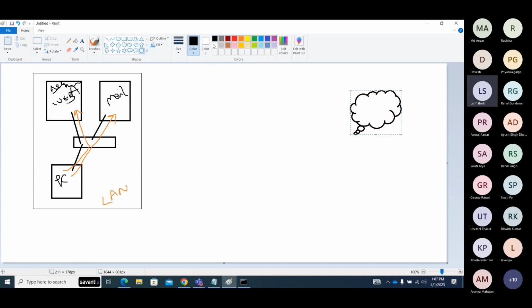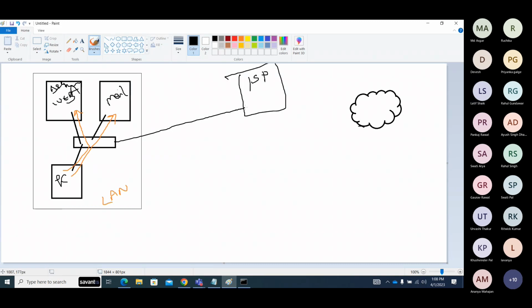If someone on the internet wants to access your mail server, what is required? You have to connect to the internet through an ISP.